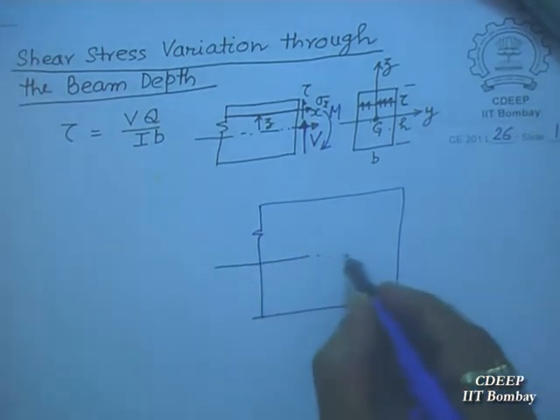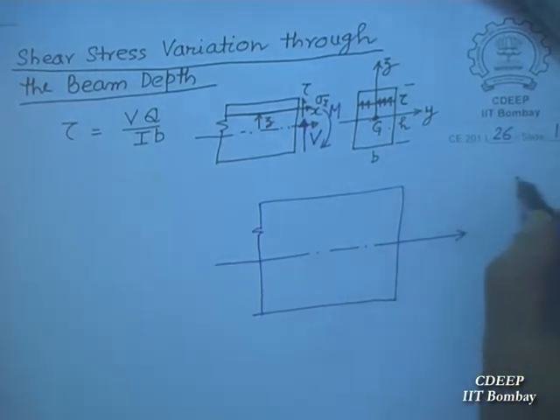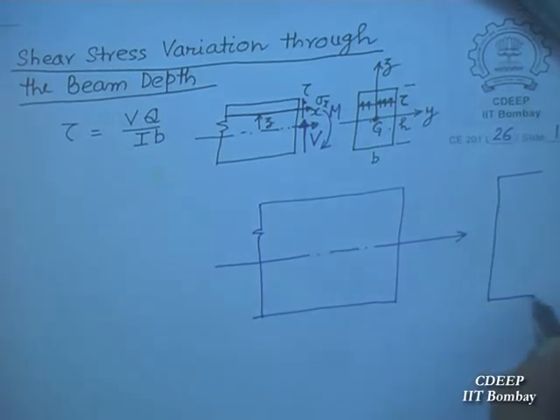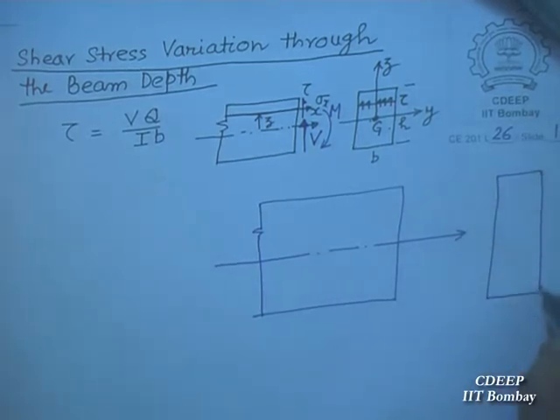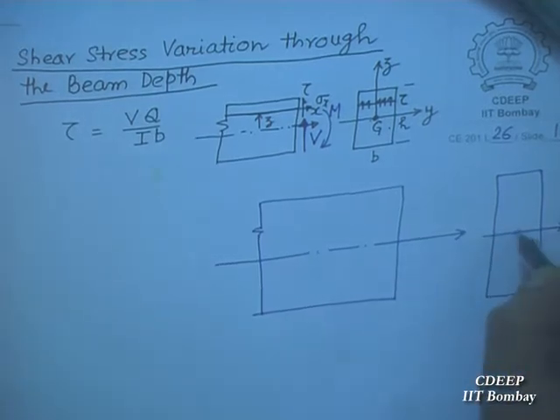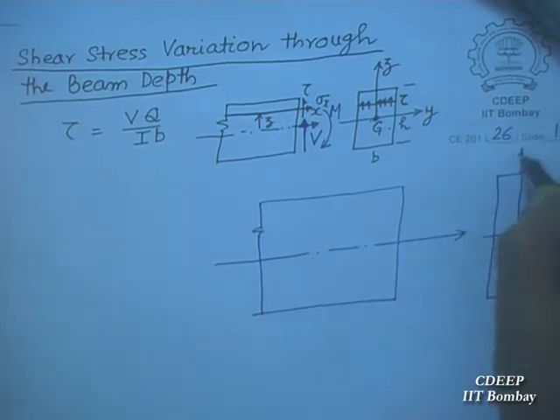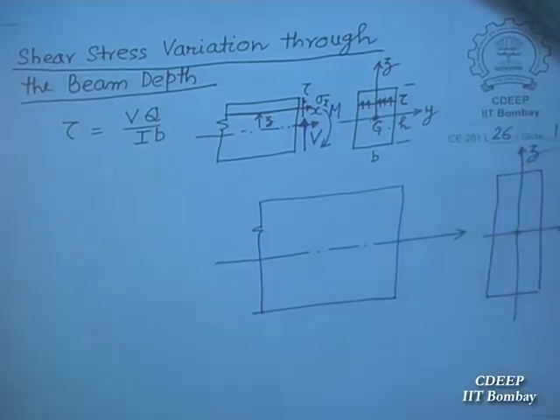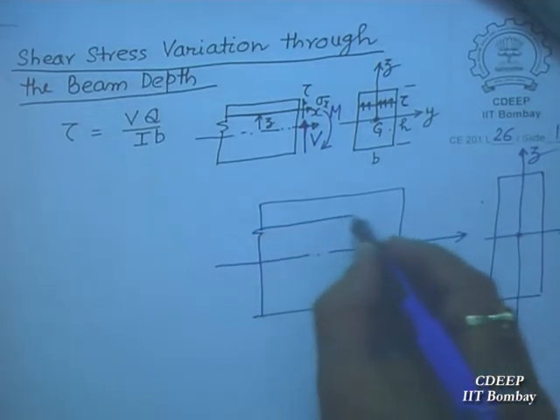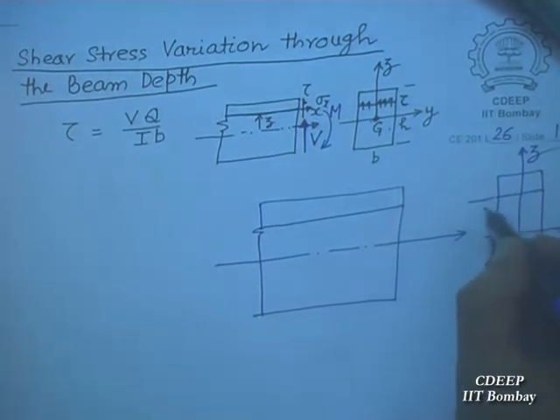This is the neutral axis, this is the longitudinal section X, and this is the width of the beam, this is the depth of the beam. This distance is Z.